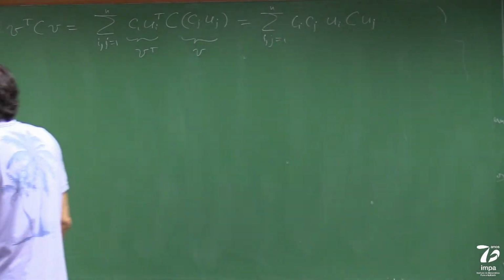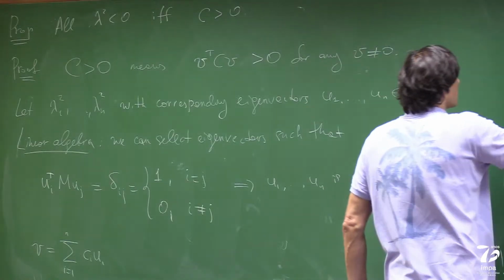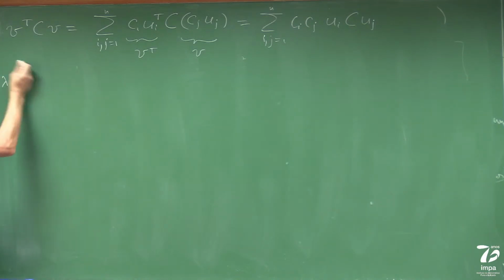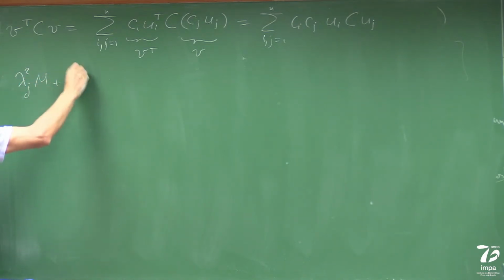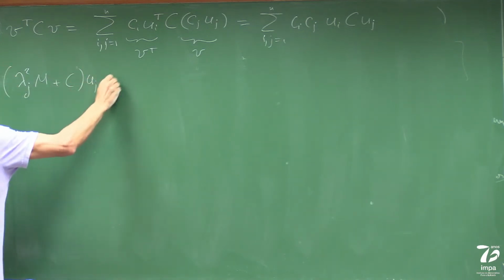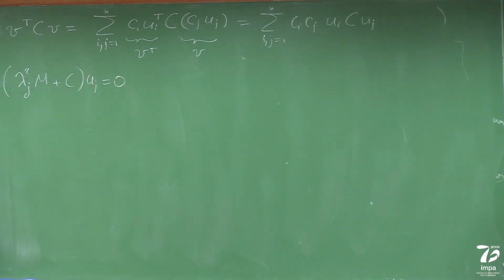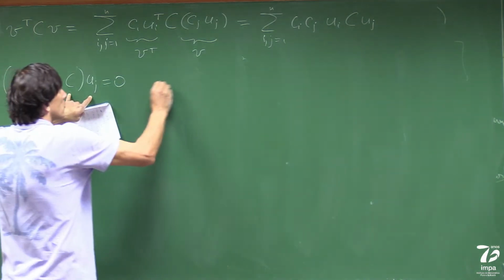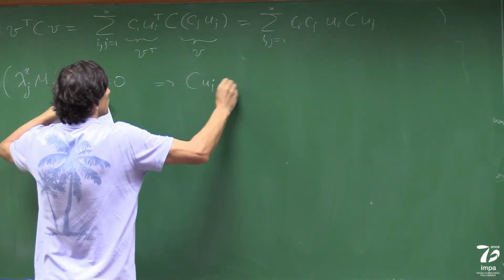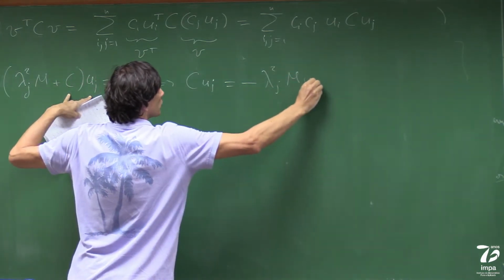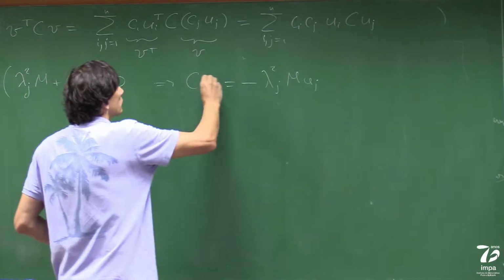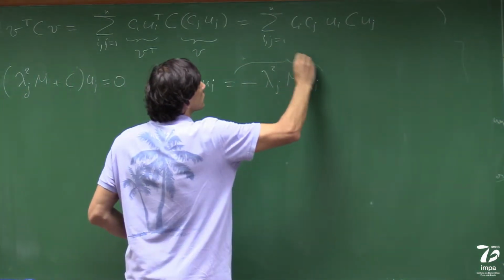But now remember what an eigenvector means. An eigenvector satisfies the equation lambda j squared M plus C Uj equals 0. This is the equation for the eigenvector. That means that C Uj equals minus lambda j squared M Uj. So we can put it here.